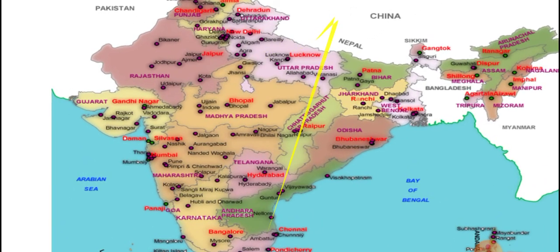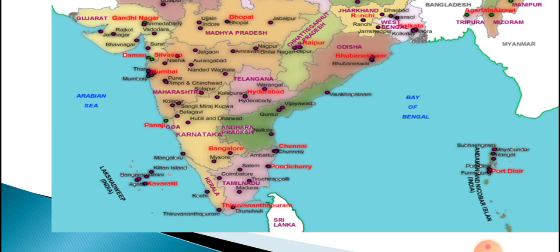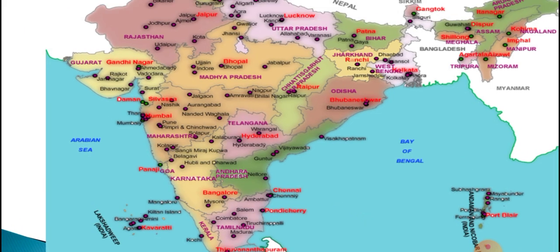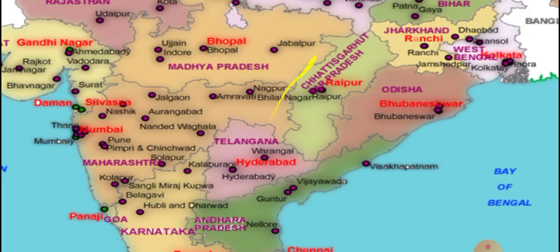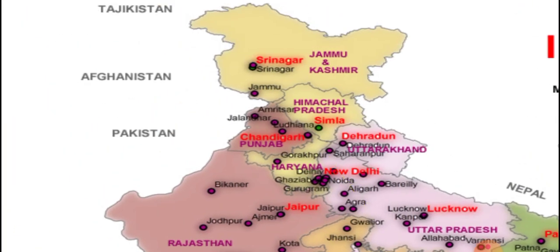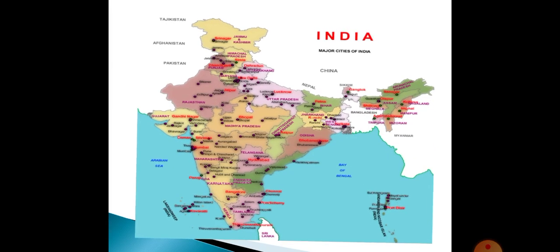These are different major cities of India, you can see: Port Blair, Bay of Bengal, Arabian Sea, Lakshadweep, Telangana and Hyderabad, Warangal. So these are showing the major cities.